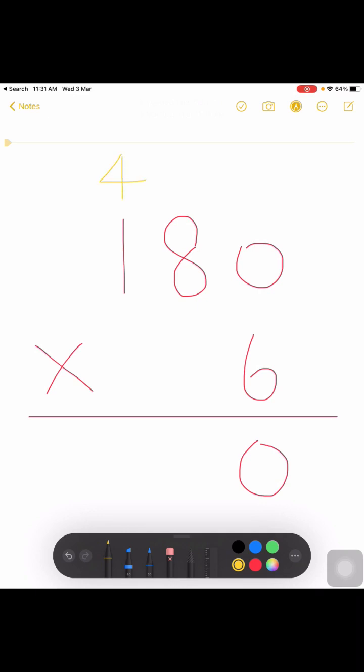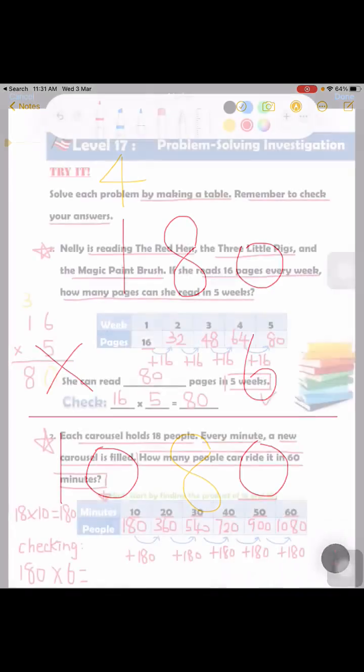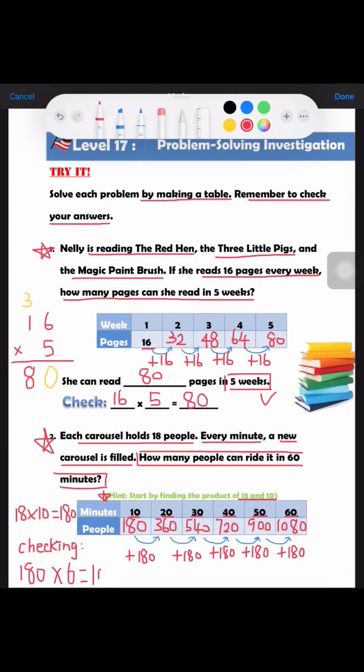So we put 8 in the tens column and carry 400 to the 100s column. And then 6 times 100 is 600, plus 400 will be 1000. So the answer is 1080. And the answer is the same as the answer we found by using the table. So the answer is correct.